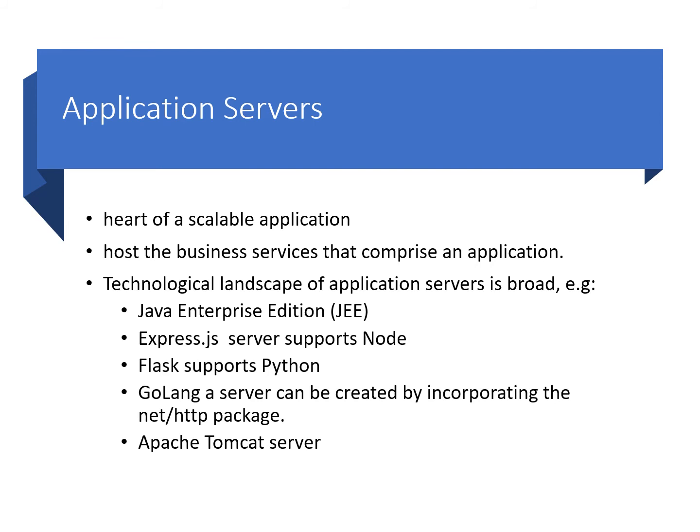In Java, the Java Enterprise Edition defines a comprehensive, feature-rich standards-based platform for application servers. This has multiple vendor implementations and open source alternatives. In other languages, the Express.js server supports Node, Flask supports Python, and in Golang, a server can be created by incorporating the net/http package.